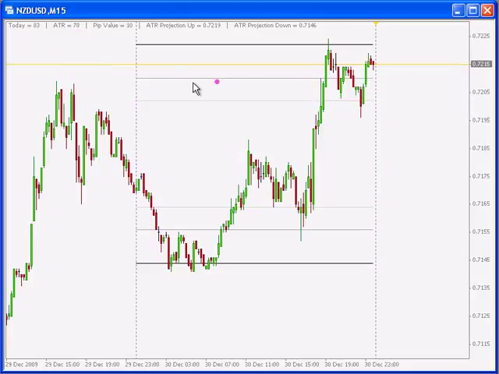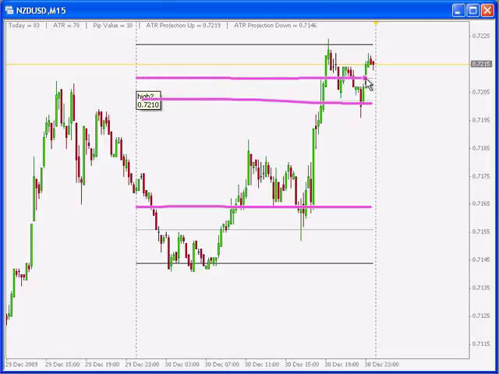Even if price has broken through the 50% bands, we may still be okay if we are a little bit more aggressive with our trading, as long as price has not broken at any time of the day beyond the 70% bands, basically these two bands here.